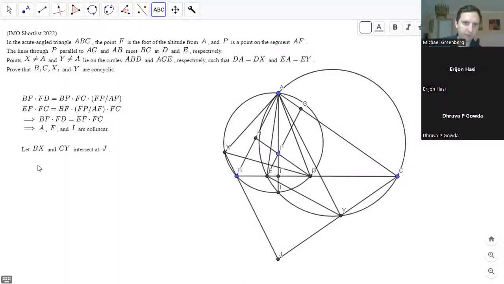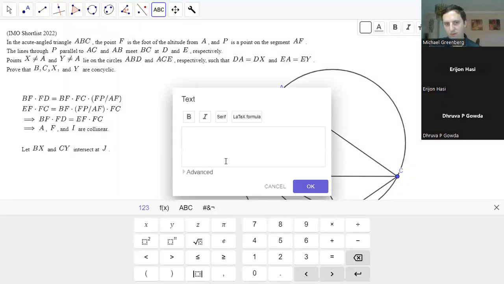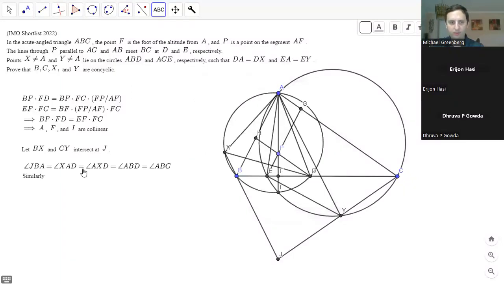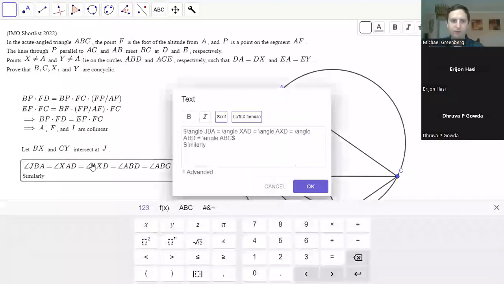Which is AXD, which is ABD, which is ABC. And then similarly, angle J, did I mean JBA or JBC? I meant JBC.